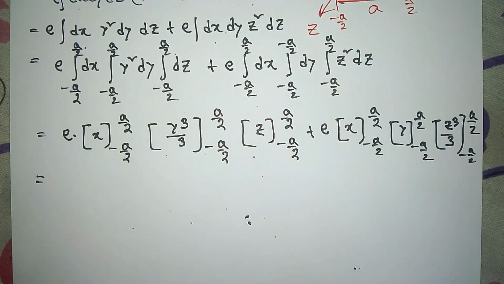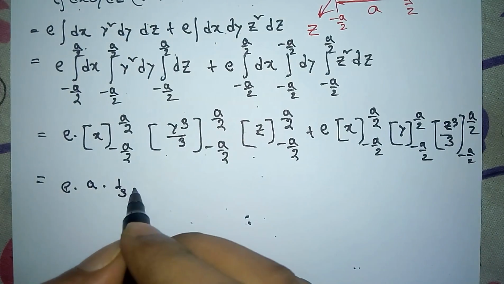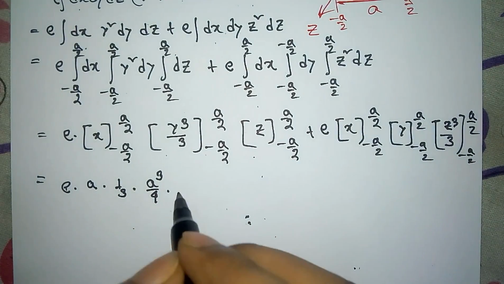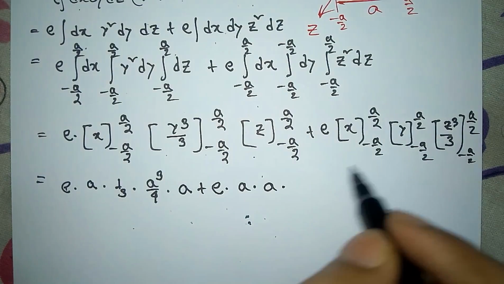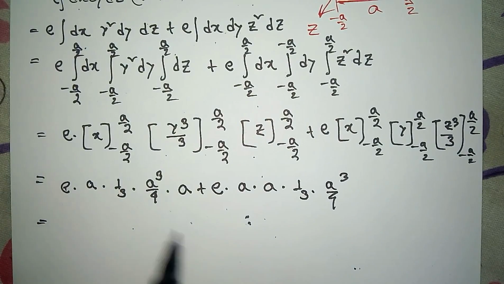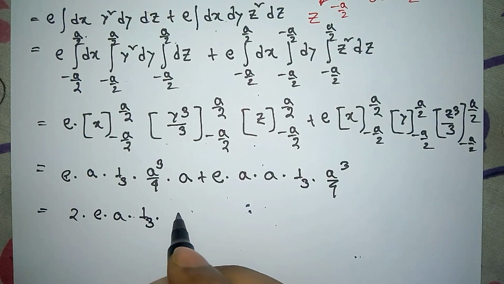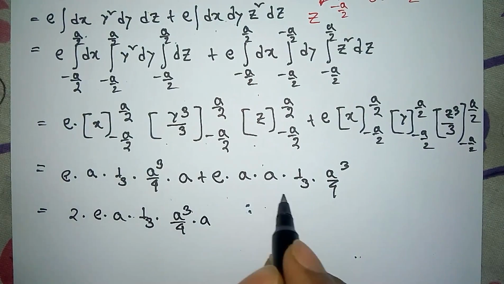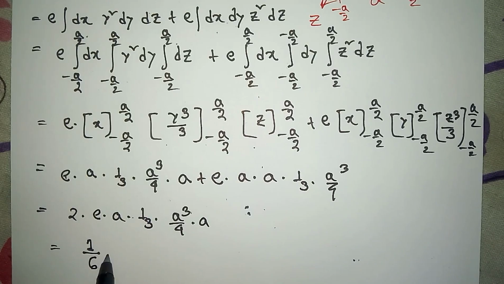Putting the value of the integrals, we get rho, a, into 1/3 a cube by 4, into a, plus rho, a, a, into 1/3 a cube by 4. After adding these two terms, as both are the same, we multiply by 2: 2 into rho a into 1/3 a cube by 4 into a, equal to 1/6 rho a cube into a square.